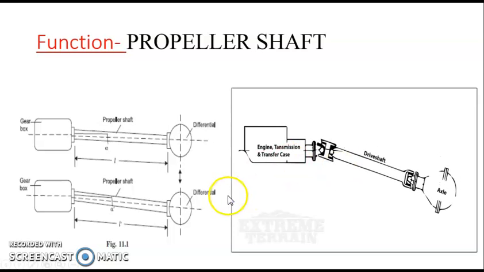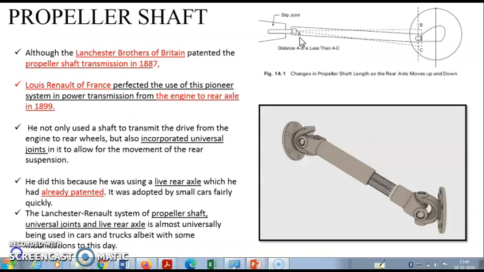Just we will see the slip joint here. You will see the slip joint at one end so that the length or angular position of the propeller shaft is adjusted because of the up and down movement of the rear axle or differential.